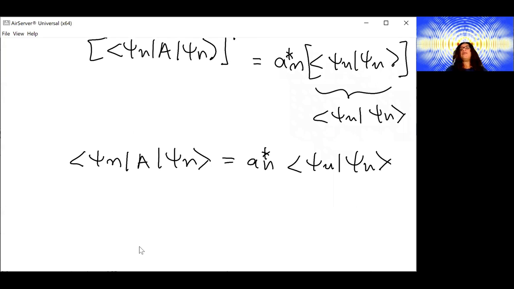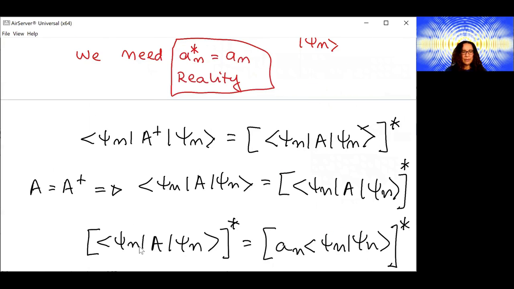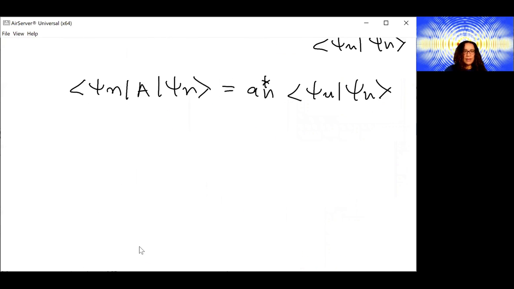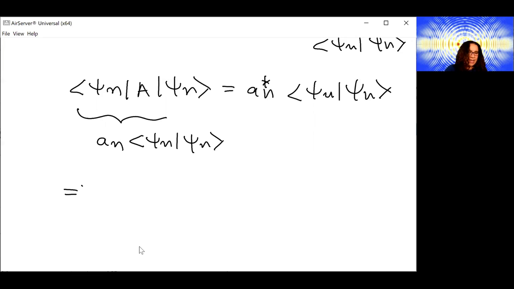But we know as well from the very first equation that this guy is equal to an ⟨ψn|ψn⟩. So the only way that this can hold is if an is equal to an star, meaning that the eigenvalues are real.